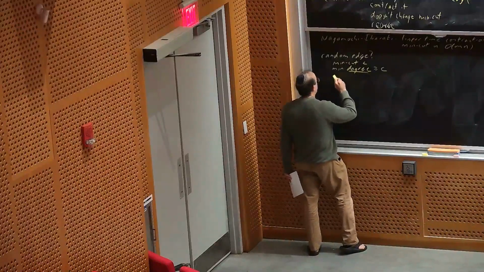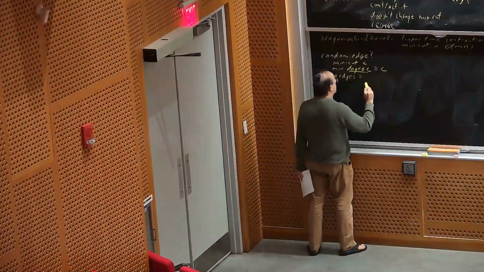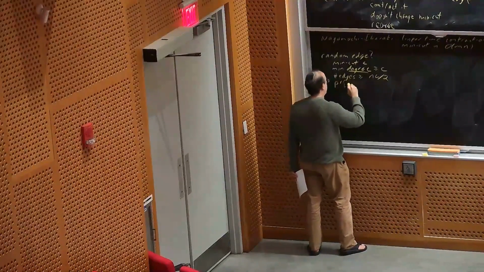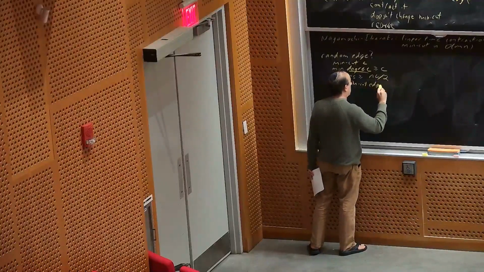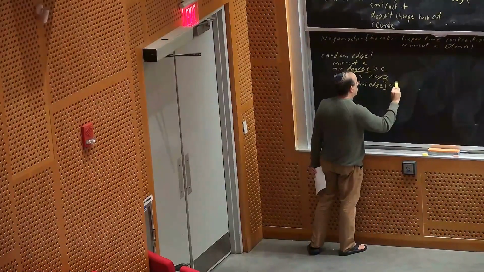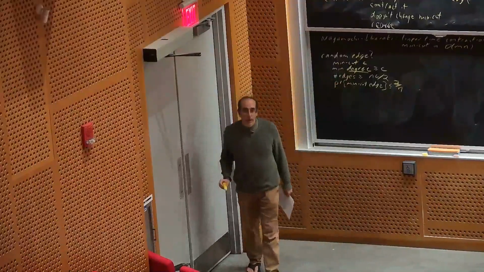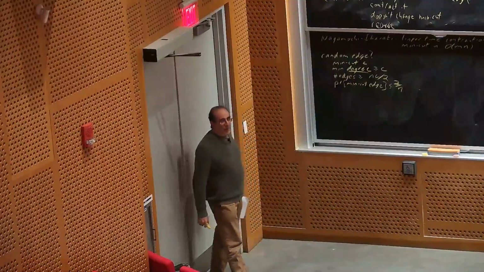This means that the number of edges is at least nC over 2, which means that your probability of picking a min cut edge is at most 2 over n. Right? This is all just reminding from week 1. All right?